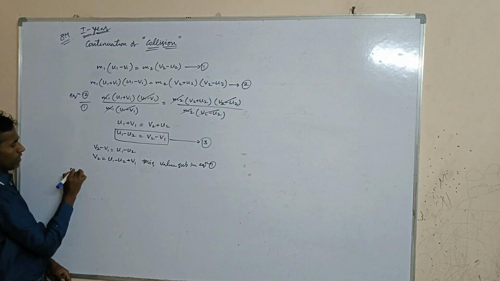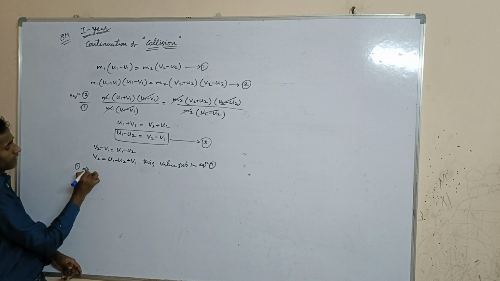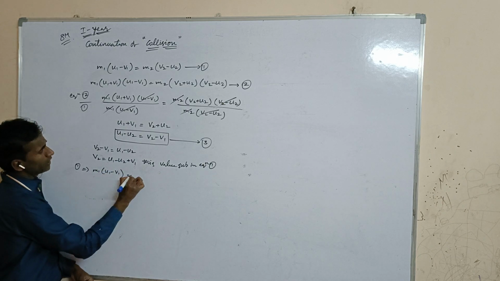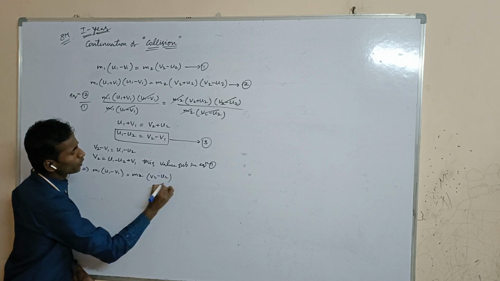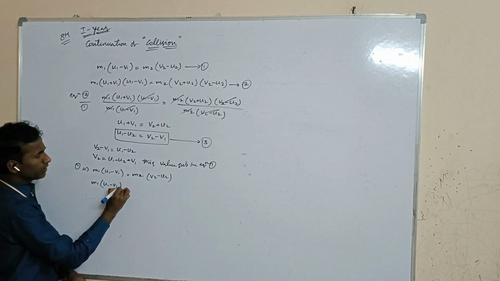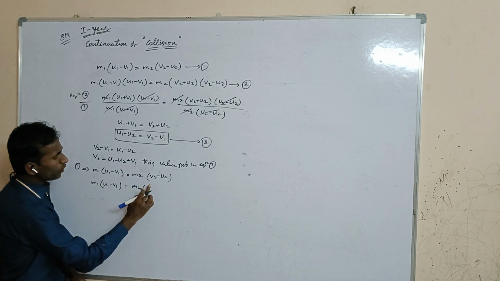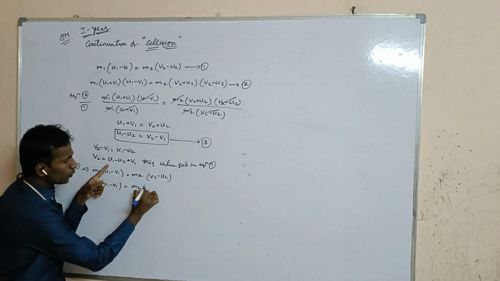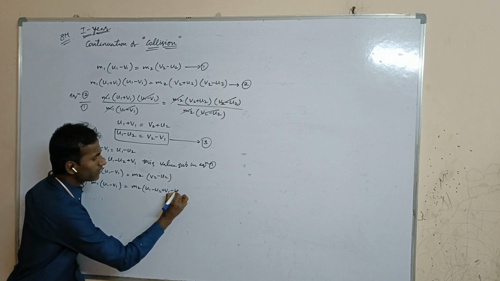What is equation 1 here? I am writing it once again. That is equation 1, m1 into (u1 minus v1) is equal to m2 into (v2 minus u2). Now again, m1 (u1 minus v1) is equal to m2 into the v2 value. Replace v2 by substituting this value: (u1 minus u2 plus v1) minus u2.